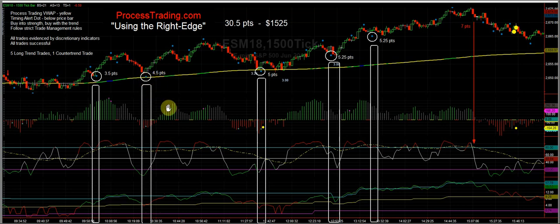Now, remember, we actually do not need to confirm the trend trades with the discretionary indicators, but the discretionary indicators should provide some evidence to justify our position.